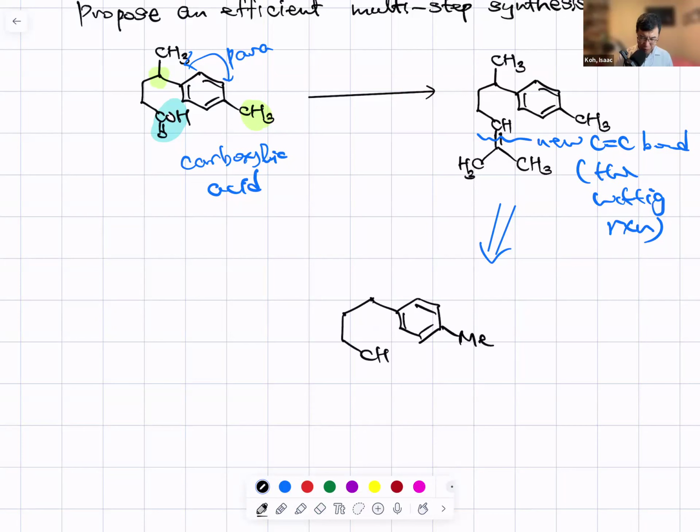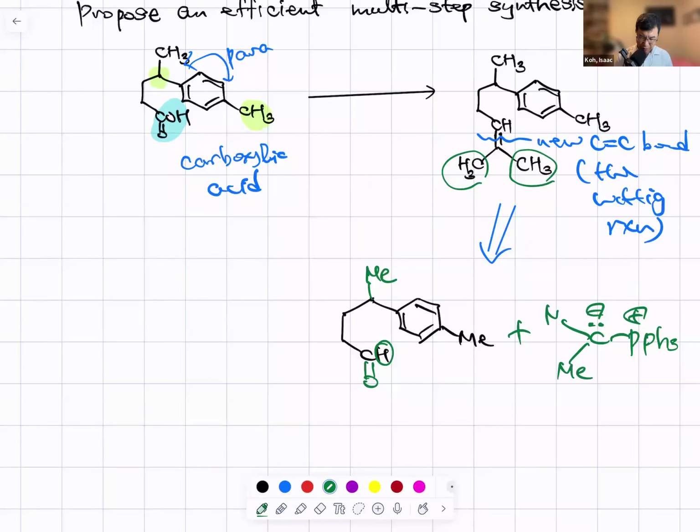This should be becoming an aldehyde because we have a hydrogen there, and here methyl group as it is, plus triphenyl ylide. So this one is carbanion, but we have two methyl groups right there. So here methyl, and they will be making this product by the Wittig reaction.